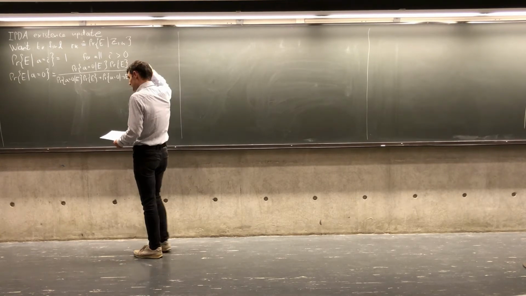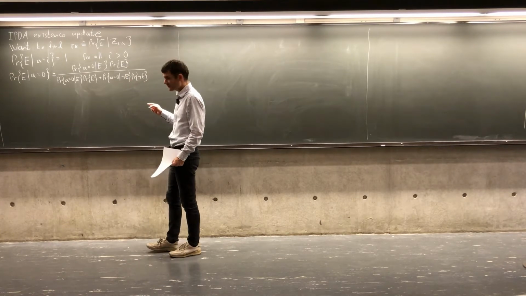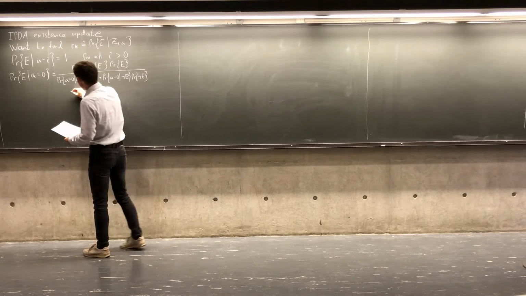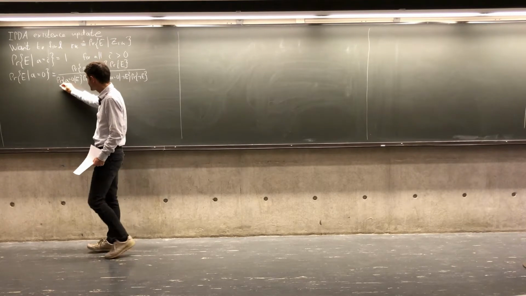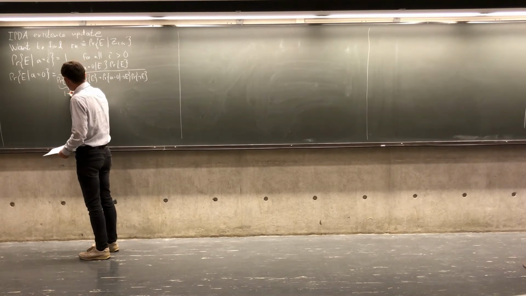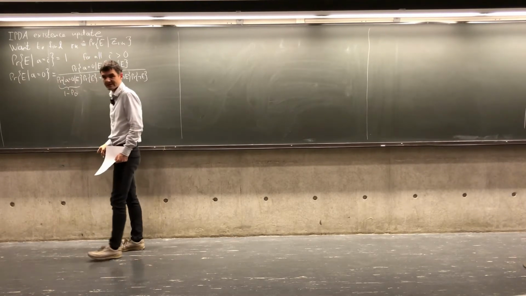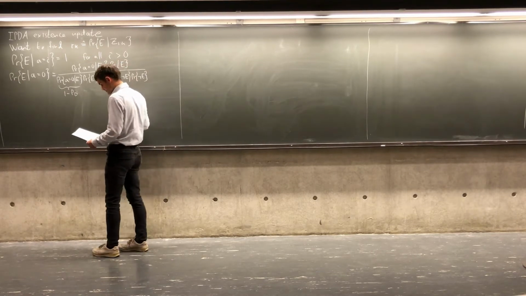Let me think a bit about what all these things are. If the target exists and I don't have any detection from it, then I have a misdetection. So this is the probability of misdetection, which is 1 minus the probability of detection.